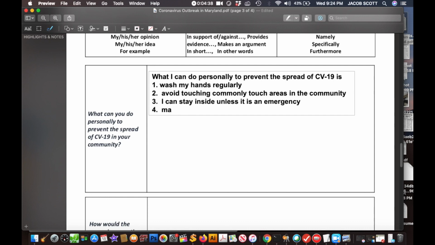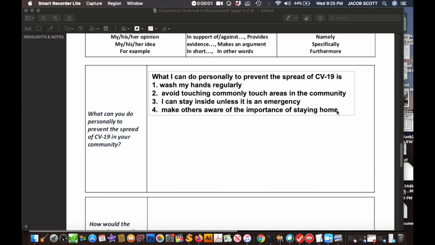Make others aware of the importance of staying home. It is very important that we stay home, and some people don't realize that.